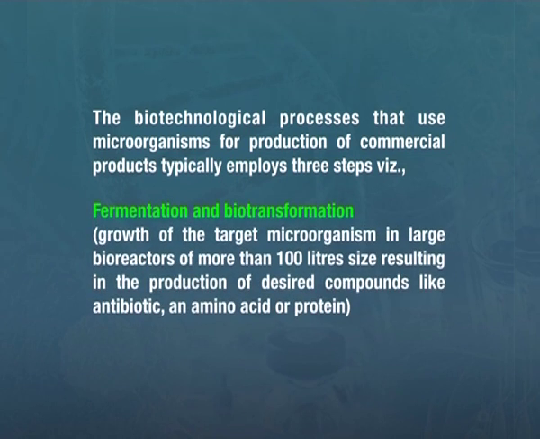Next, fermentation and biotransformation, which involve growth of the target organism in large bioreactors of more than 100 liters in size, resulting in the production of desired compounds like an antibiotic, an amino acid, or a protein.